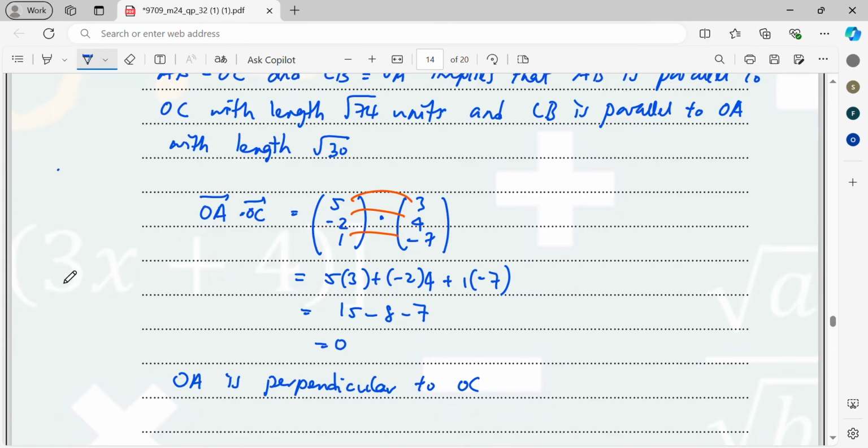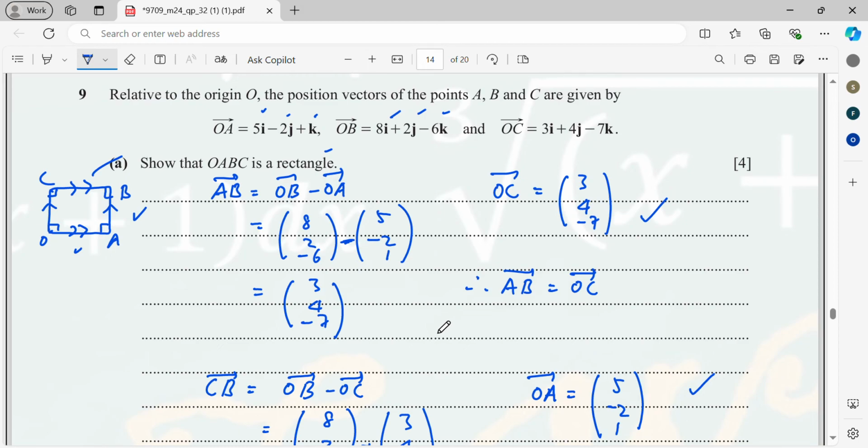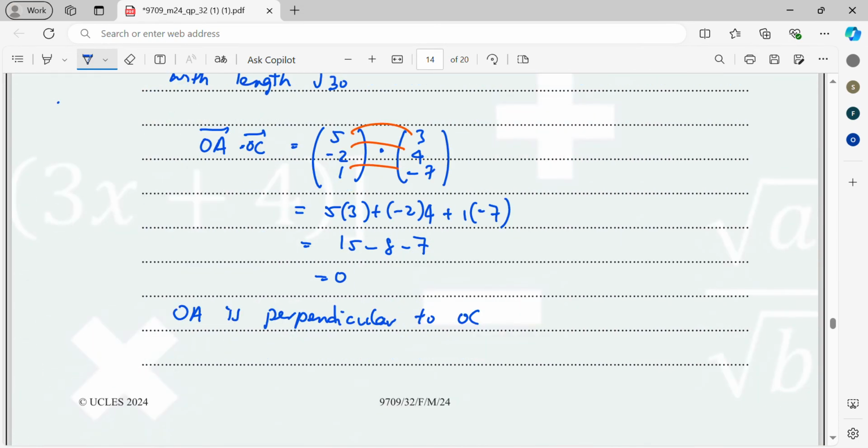So if OA is perpendicular to OC, that means OA is also perpendicular to AB, right? Because we have proven just now the lengths are the same, and the sides are also parallel to each other. So this implies that AB is also perpendicular to CB.